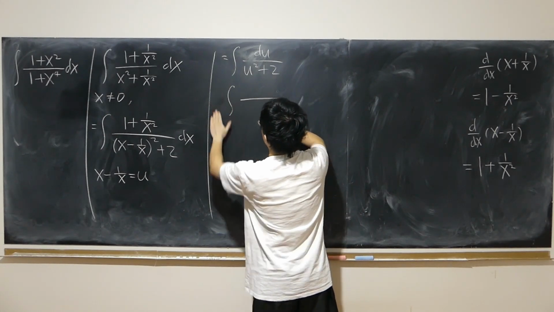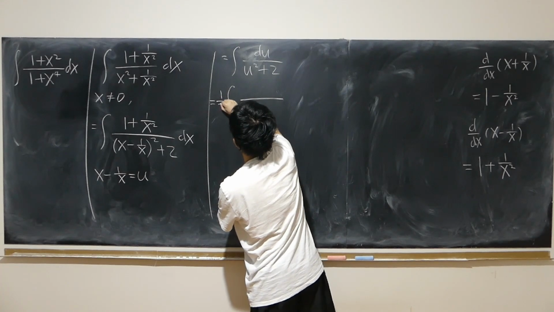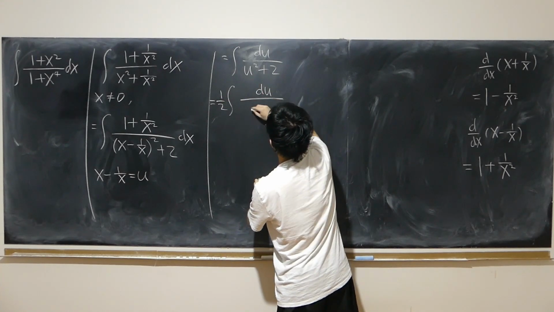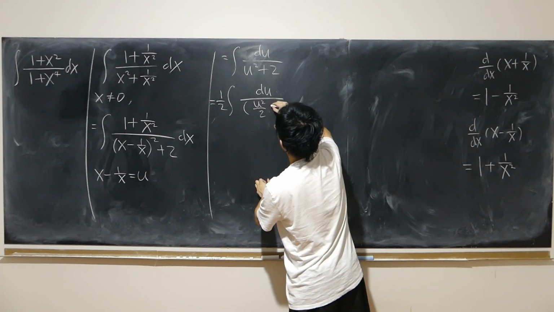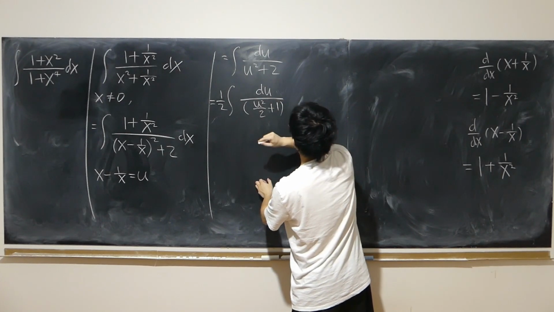Factor out 2. I'm left with half of du over u squared over 2 plus 1.